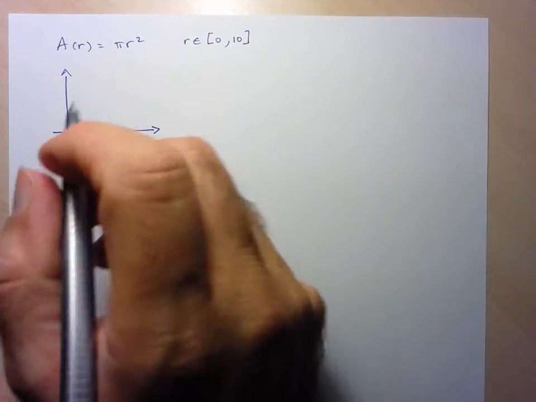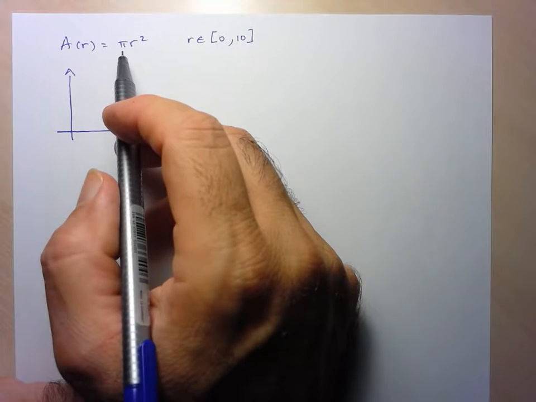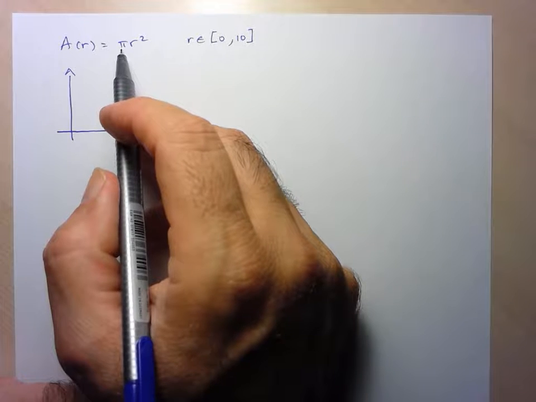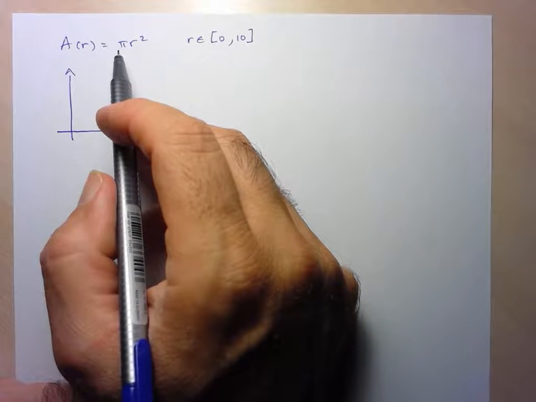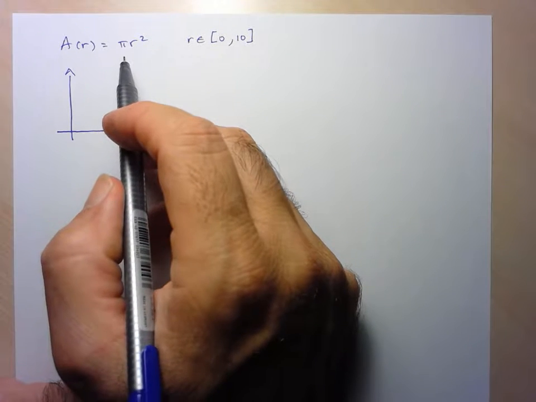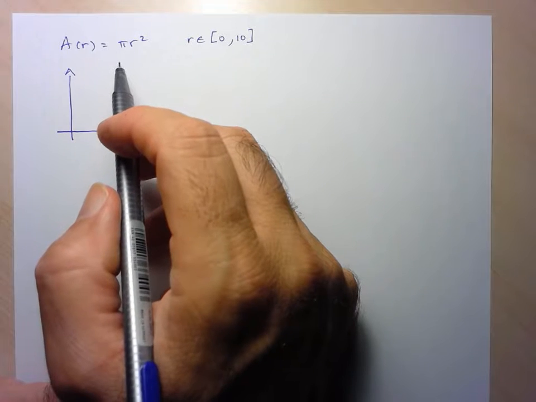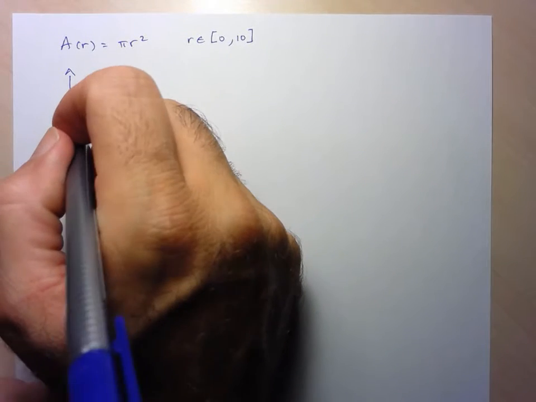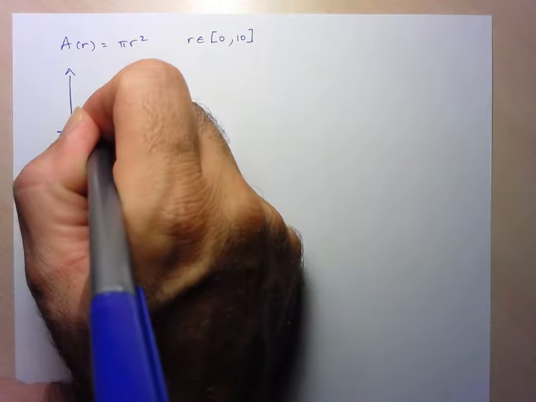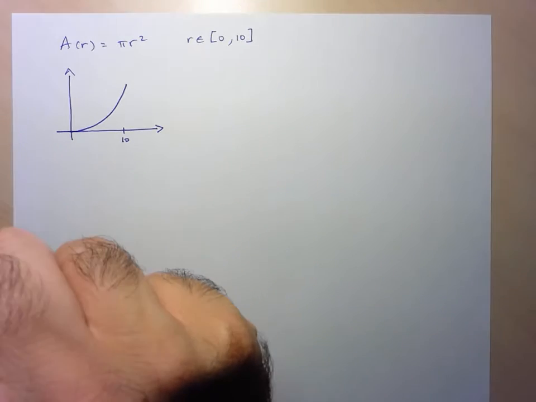I'm going to use my knowledge of quadratic functions and realize that this is a quadratic that opens upwards because the leading coefficient of π is positive. Because of the form that I've got, I can tell very easily that the minimum is at (0, 0). So I'm interested in this portion here, minimum at (0, 0), and I know that it's going to be increasing, and then eventually I'm going to stop whenever it reaches 10.